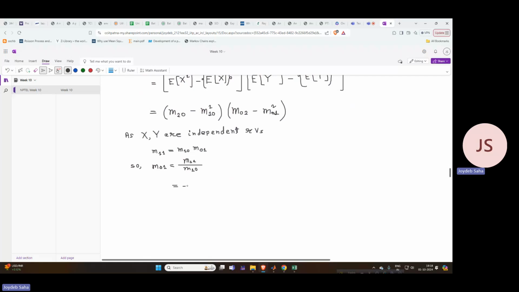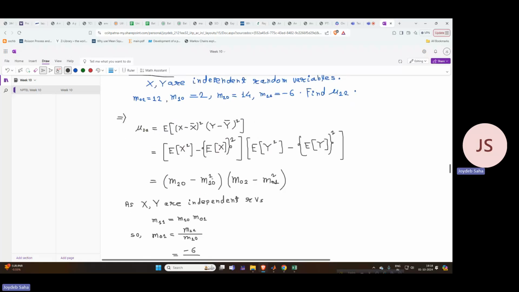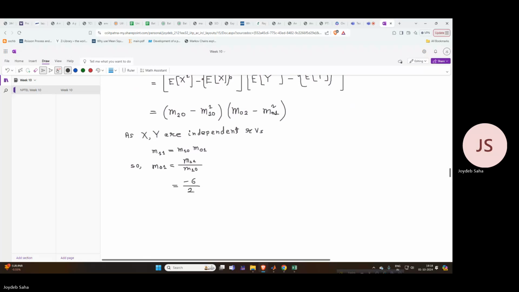What is the value of M11? M11 is given as -6 and M10 is 2, right? So we are getting -3, right?